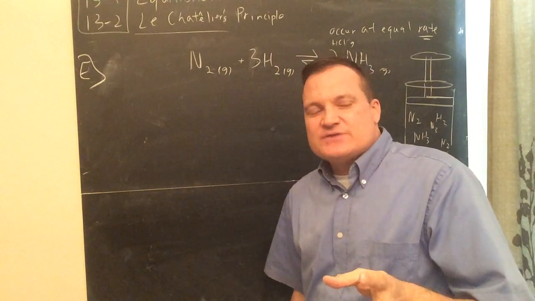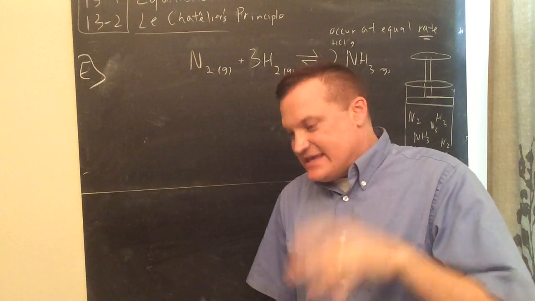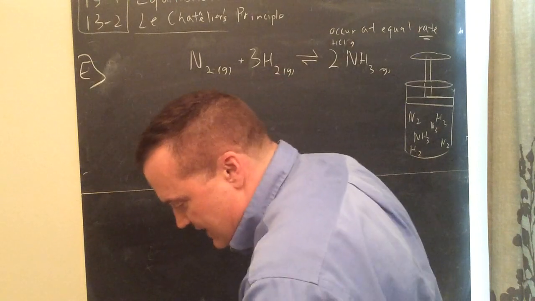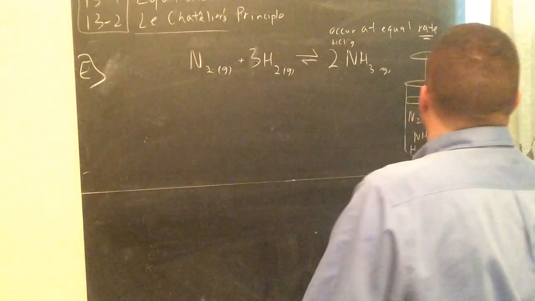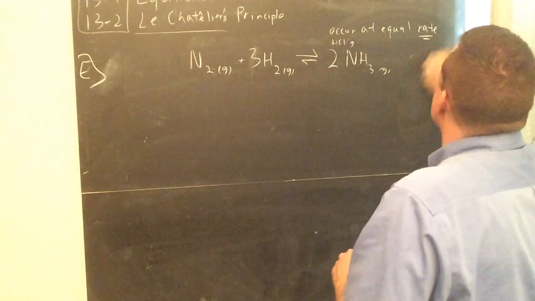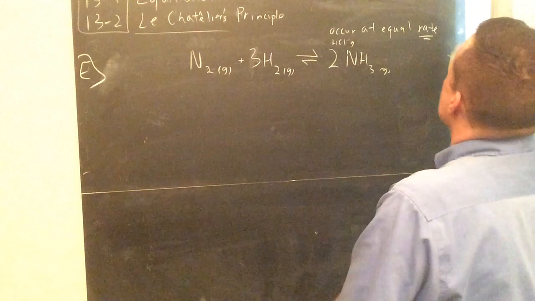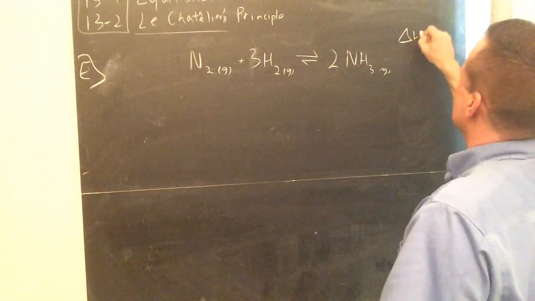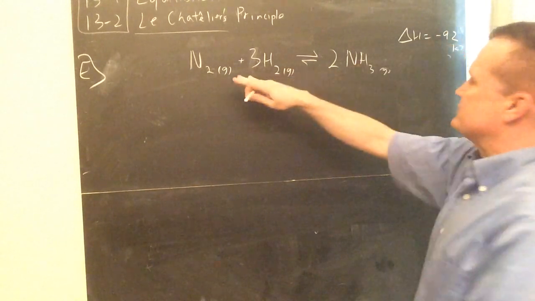Always, when it comes to exothermic and endothermic, think of heat as being a reactant or a product. Okay, and I'll show you. If they say delta H is negative 92 kilojoules for this reaction, I can write it above here, because I'm going to have room to fit where I want to put it.